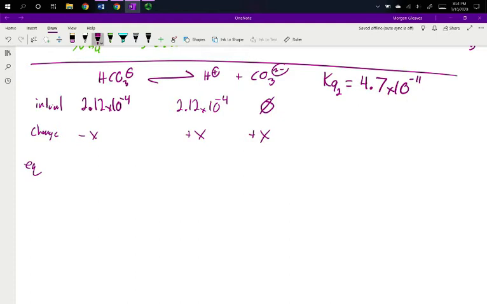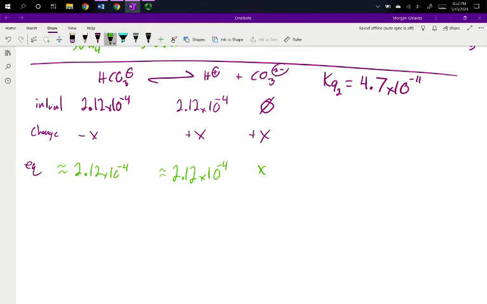Our assumption that X is going to be small, that's still going to be true. So despite a little bicarbonate going away, it's still going to be pretty darn close to 2.12 times 10 to the minus 4. Despite gaining a little H+, well, this time is a little different. We've never seen this before. But that X is going to be so small, it's still going to roughly be 2.12 times 10 to the minus 4.